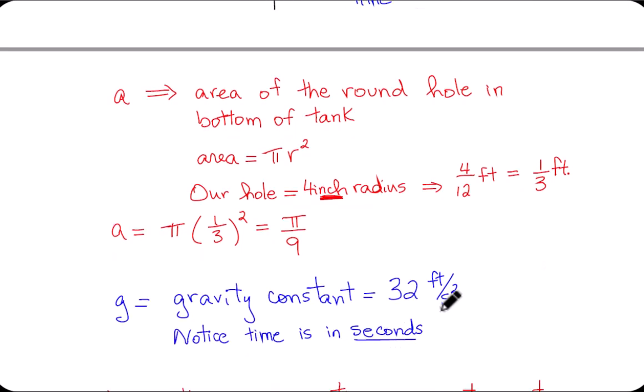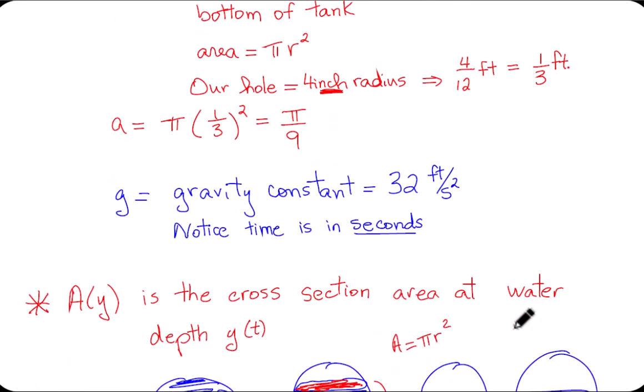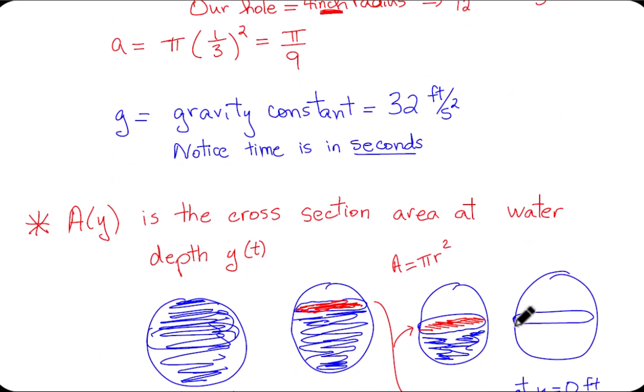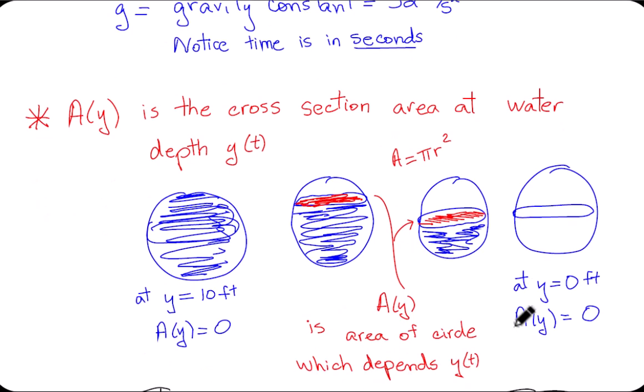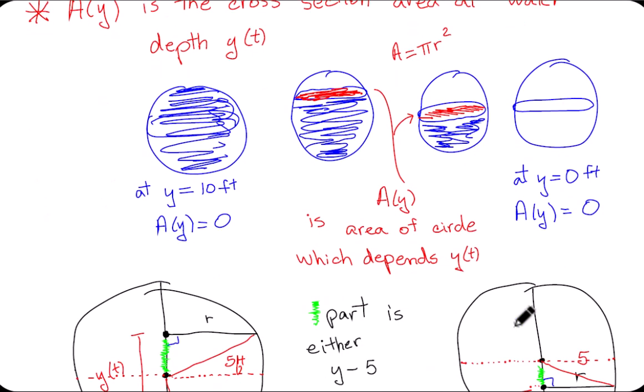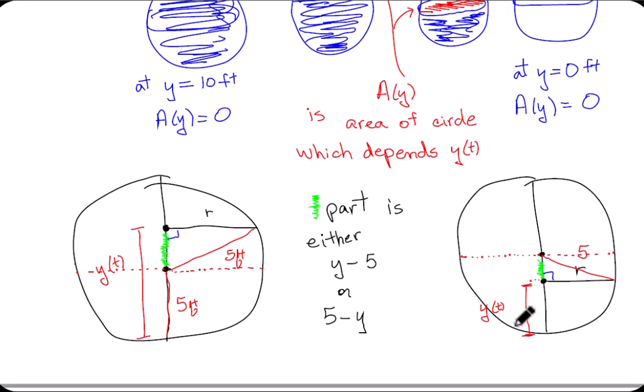Gravitational constant, time is in seconds. A, as we talked about, is the cross-sectional area. Let's take a look at what this looks like. If the height is up to here, here's the radius of the tank, because that's from the center out, that's 5. This is 5. Here's the radius at a particular height.